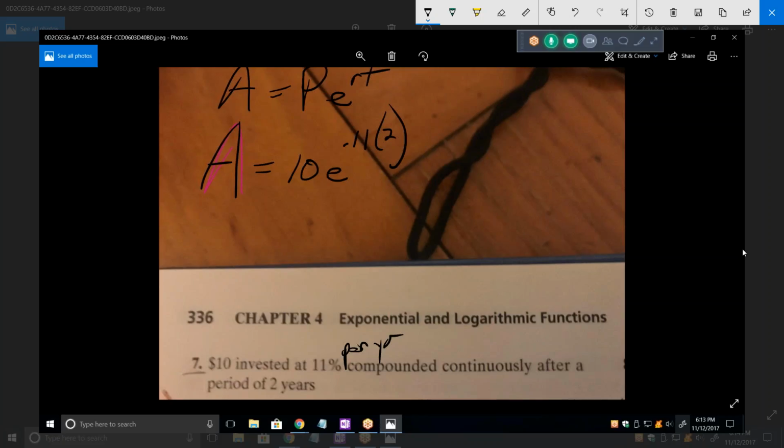Or if they said 2 years, you'd have to turn that into 730 days. So the rates have to match with the units of t. You want to give me an answer on that?